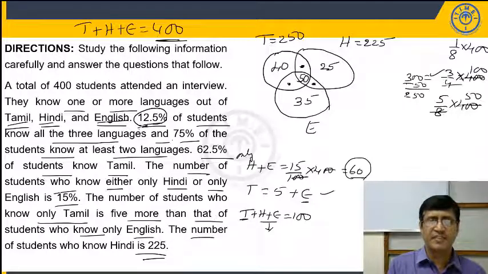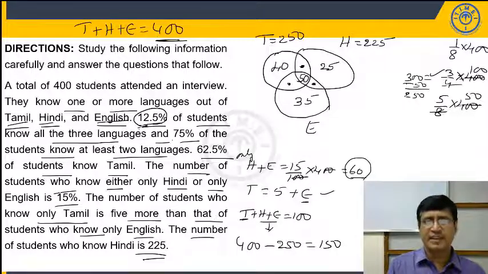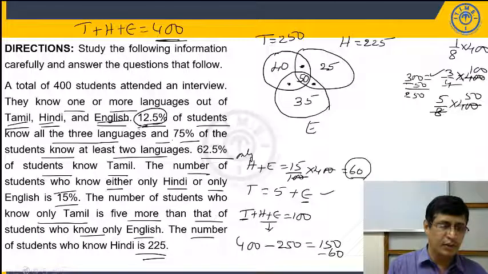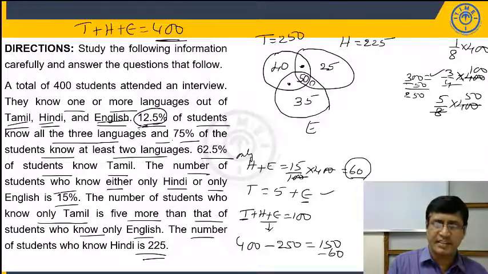The sum of these three values is 400 minus 250, which is 150. 150 is equal to 25 plus 35 plus this part. 25 plus 35 is 60. When you subtract 60 from 150, it gives 90. The intersecting part is 90.